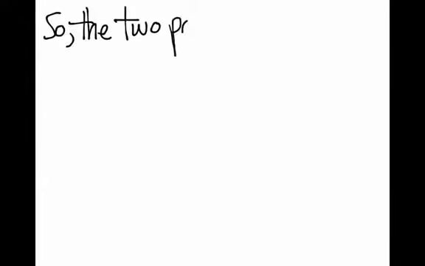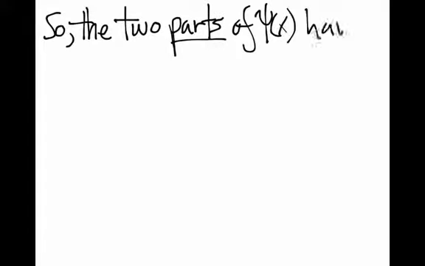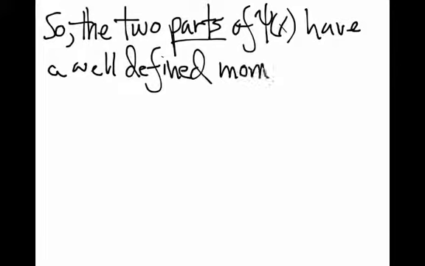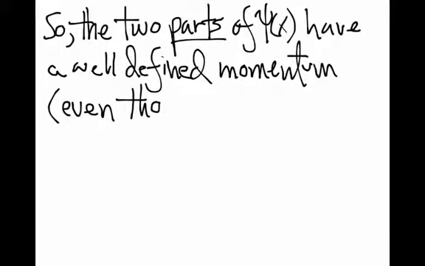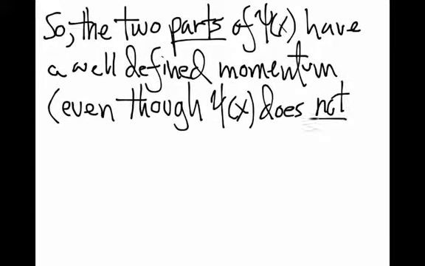So what we found is that we broke sine into two parts. We broke psi of x, which was just sine, into two parts. And those two parts individually have a well-defined momentum. Phi plus and phi minus have a well-defined momentum. So remember, we showed that sine itself, when we tried to operate on sine with the p hat, the operator, the first derivative, we get cosine.